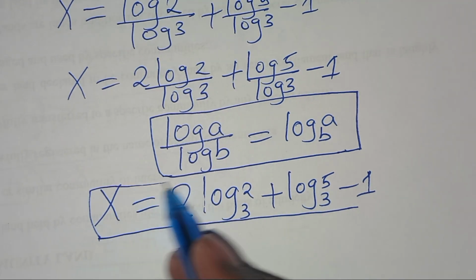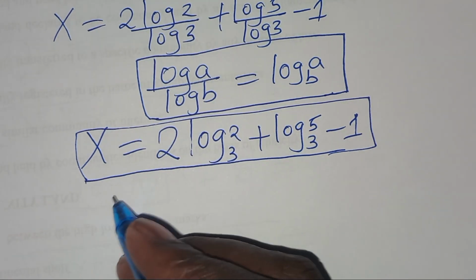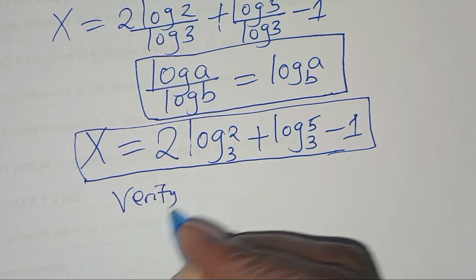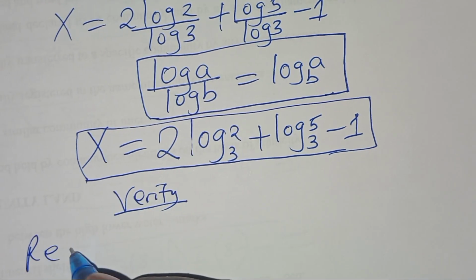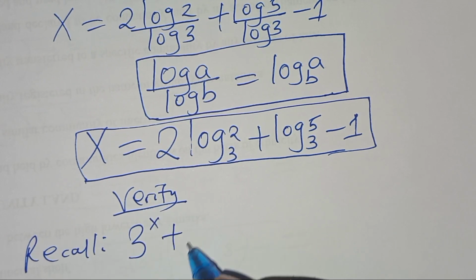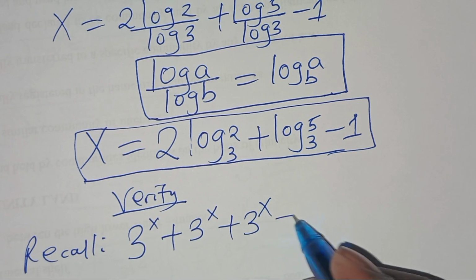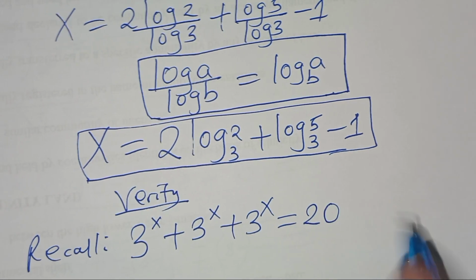Now let's verify that this value of x actually satisfies the equation. If you recall here, we had that 3 to the power x plus 3 to the power x plus 3 to the power x should give us a value of 20.